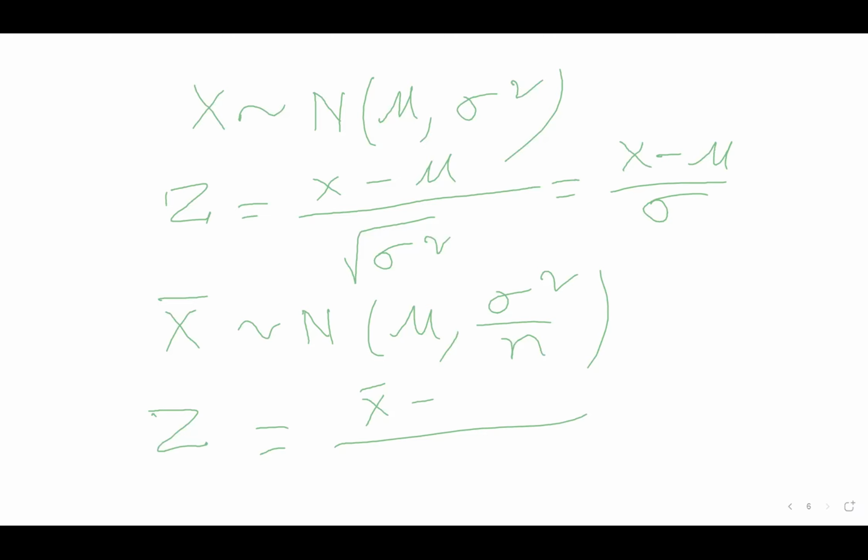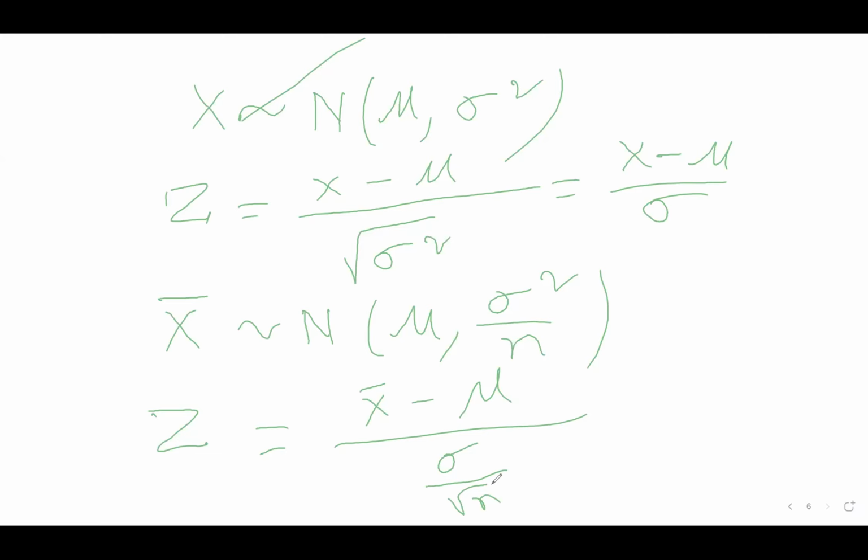So what is mean here? Yes, the mean is mu. What is the standard deviation? Yes, thank you. So what is the standard deviation? Anyone? Yes, sigma over a square root of n. You are right. Thank you. So the standard deviation is a square root of the variance, right? If you take the square root, then it will be sigma over a square root of n.